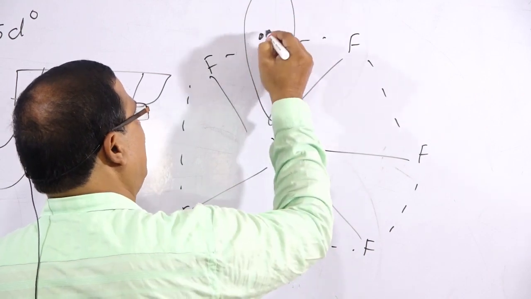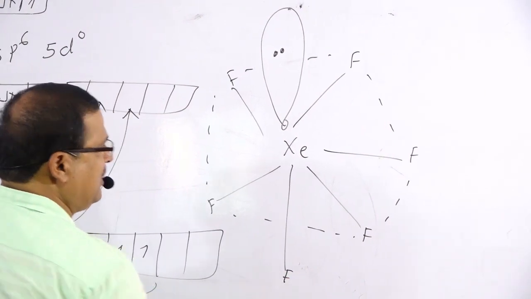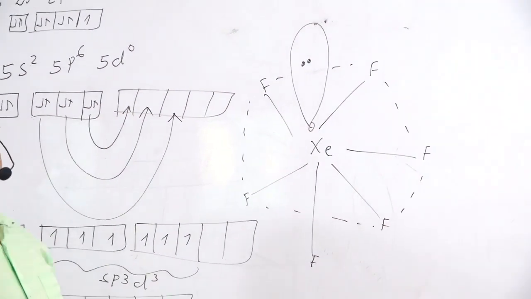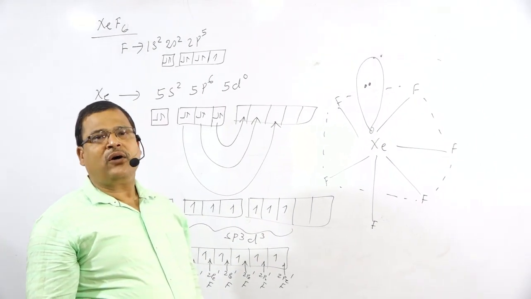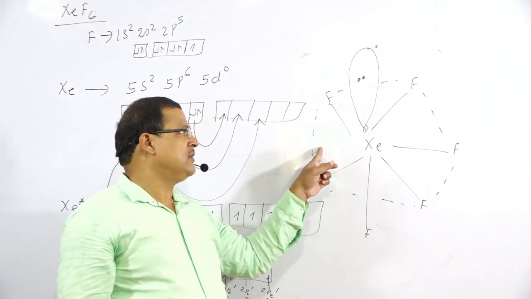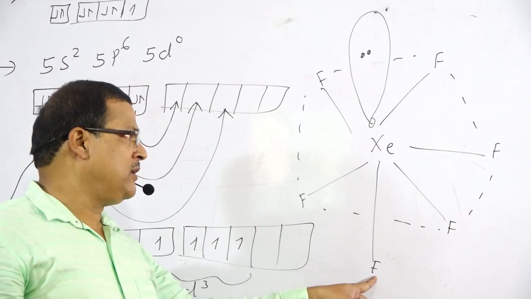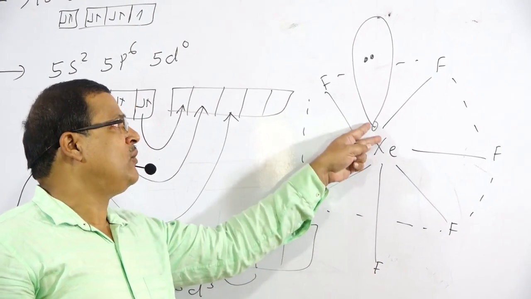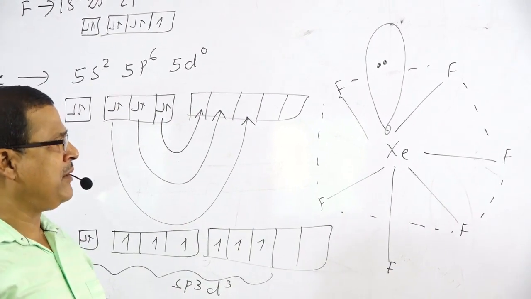The central atom contains one lone pair of electrons, and that is pentagonal pyramidal. But the most preferred structure for this compound is distorted octahedral. In the pentagon, one xenon to fluorine bond is below the board and one lone pair of electrons is above it. So that is pentagonal pyramidal.